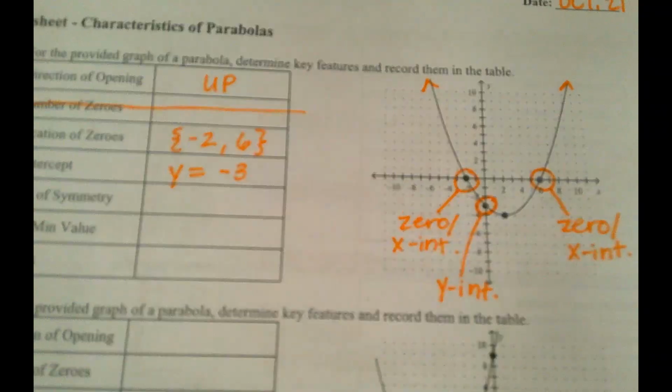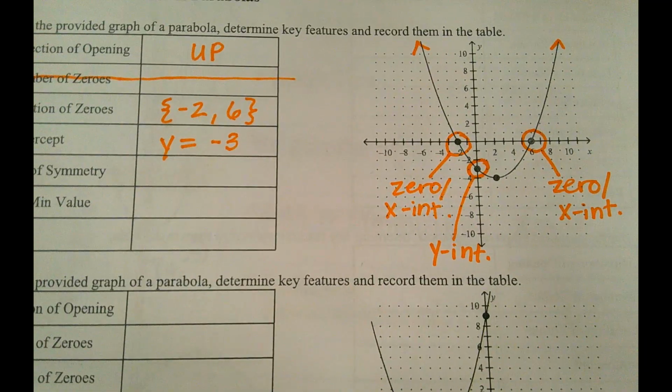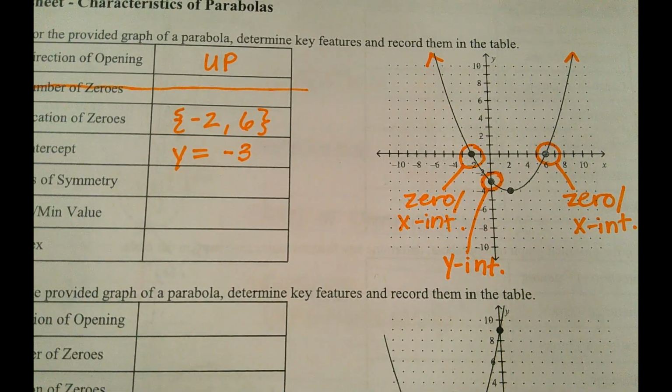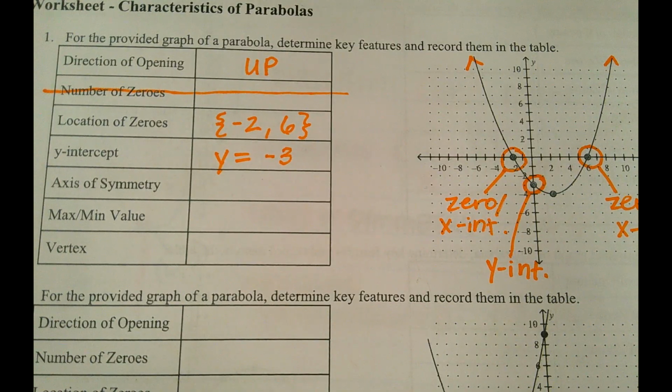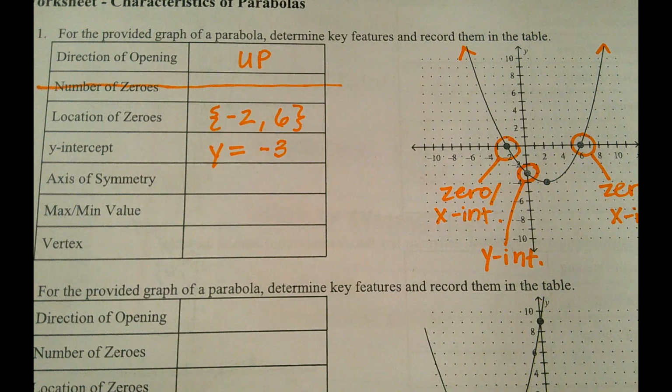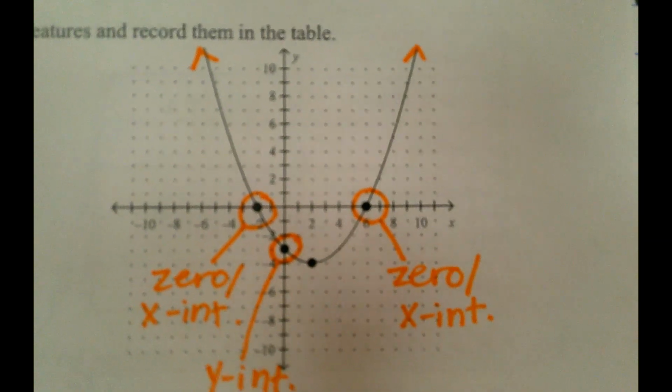Now, the only thing that you will need to draw on your graph is the next feature, the axis of symmetry. This time, the axis of symmetry has not been drawn for you, but the vertex has been drawn for you. So I'm going to zoom in on my graph and let's take a look.